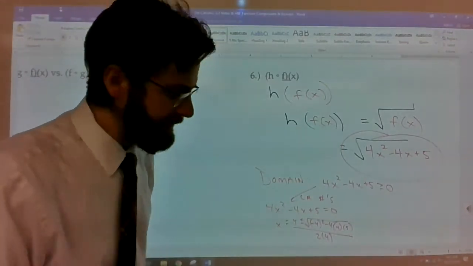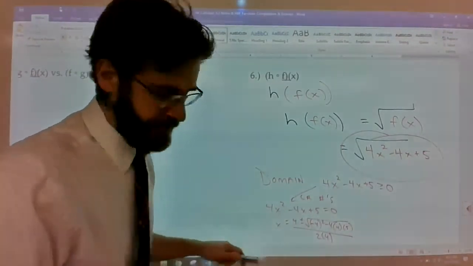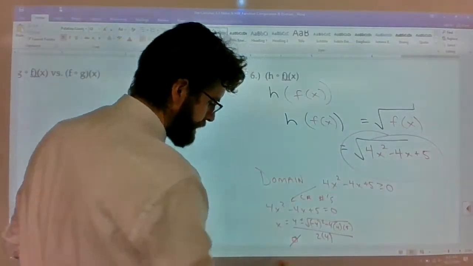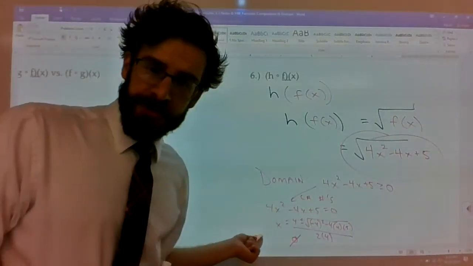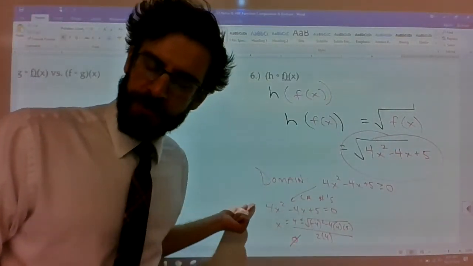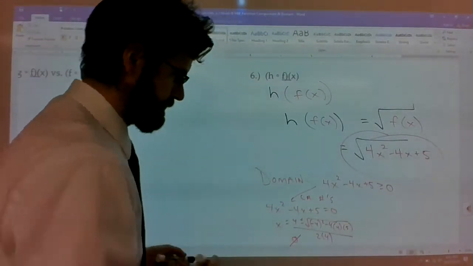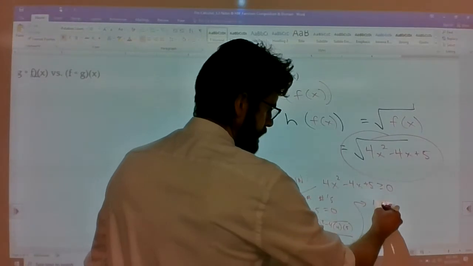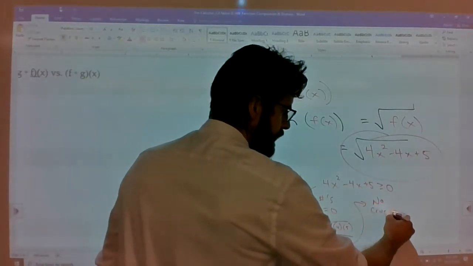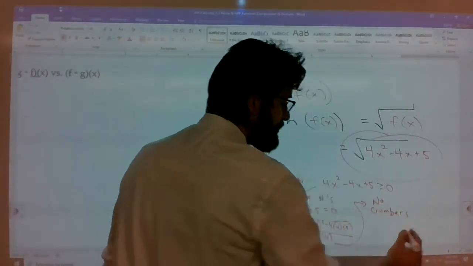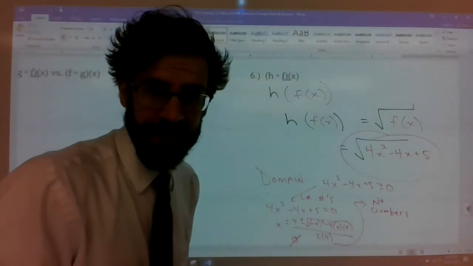There's no real solution to this. So if there's no solution to the equation in which we're trying to find the critical numbers, that means there are no critical numbers. Which means the interval that you test is negative infinity to infinity.